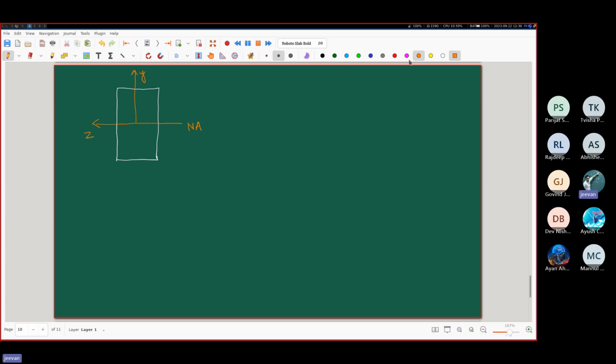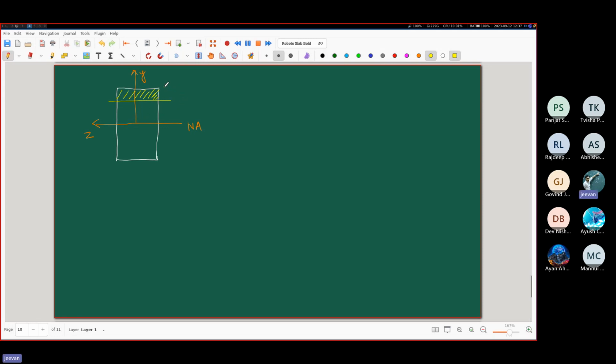Now, suppose I say that across this interface, I want to find out the shear stress. Then the natural choice for you would be to take this hatched part and find the Q for that.